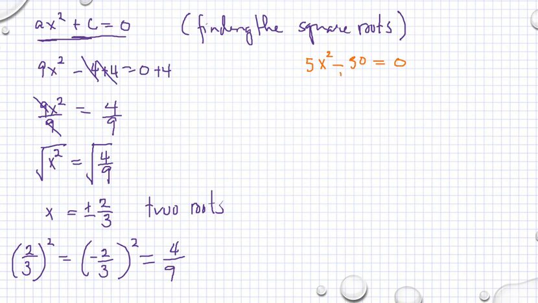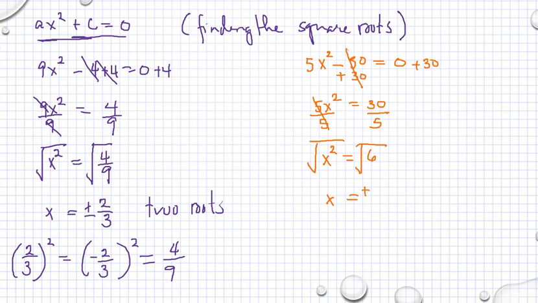And then we add 30 to both sides of the equation. And we have 5x squared is equal to 30. And then we divide both sides of the equation by 5. Then we have x squared is equal to 6. Taking the square root of both sides of the equation, then we have x is equal to positive negative square root of 6.